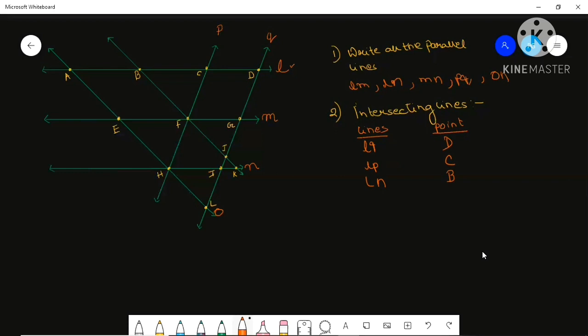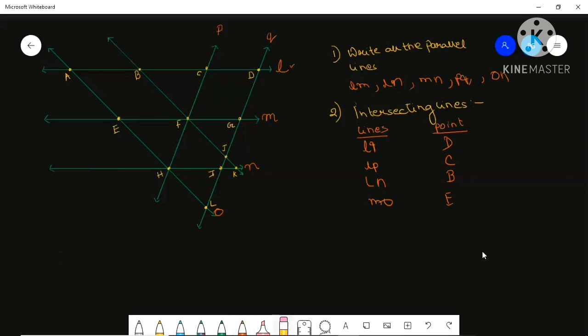M and O, see, they are intersecting at point E. Wherever you see two lines like this and a single point, so many are there. I'm not writing all: H, L, I, K, J, G, C, F, so many are there.